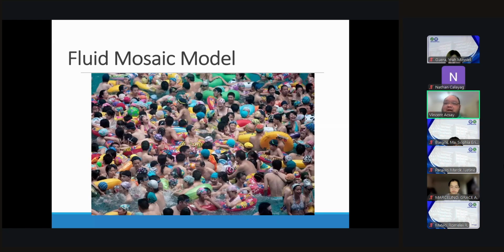If a wave comes, all of them move up with the wave and move down. That is fluidity. The dynamicity is that they can move between each other. Someone from the upper right corner can move down to the lower left corner with no disruption of the membrane because they are tightly packed.